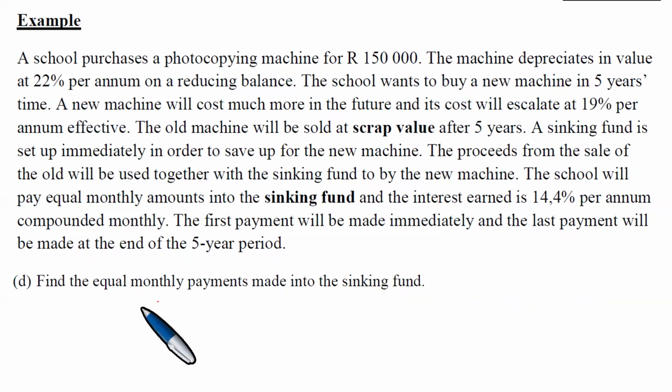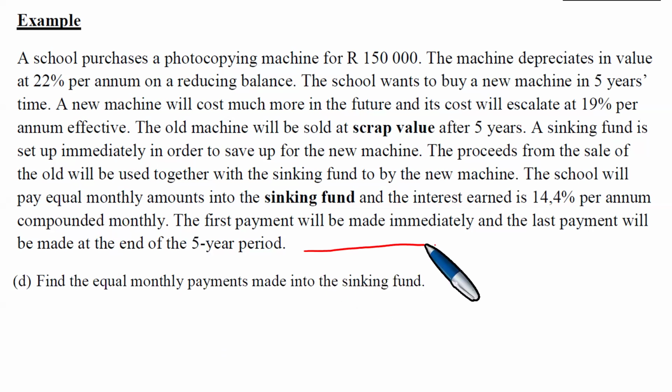Now, find the equal monthly payments made into the sinking fund. Right, so now we're interested in finding the equal monthly payments that have been made into the sinking fund, and we proceed as follows.